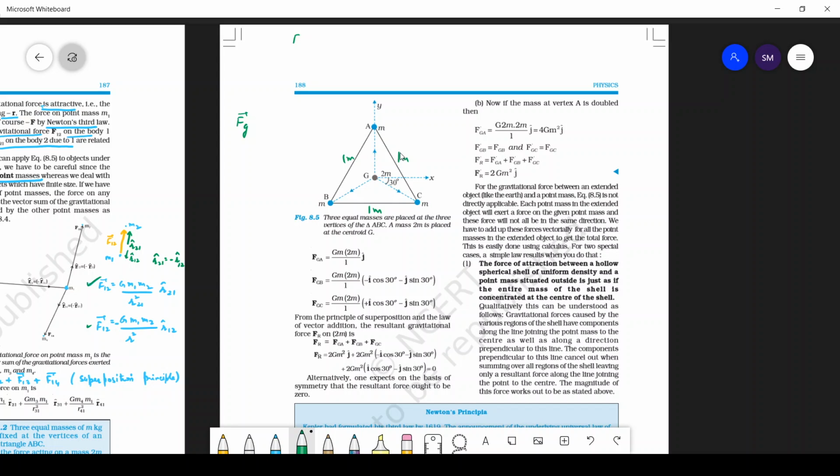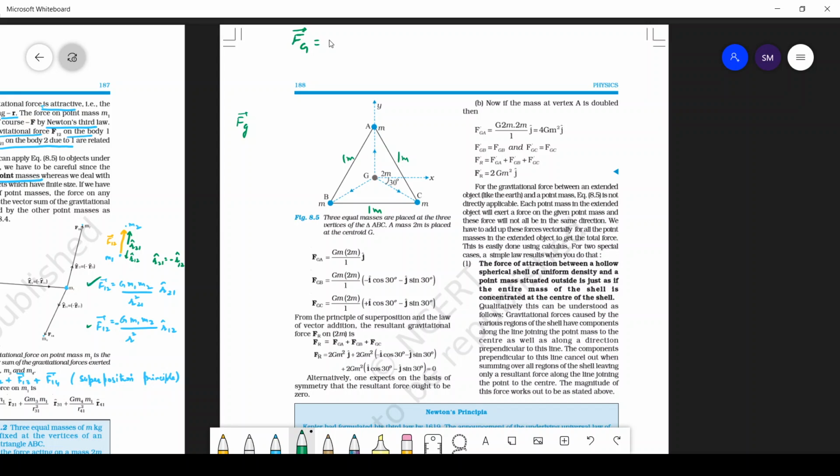Okay, now force at G, so not the small g but the capital G. See, how do we write it if we have the points?